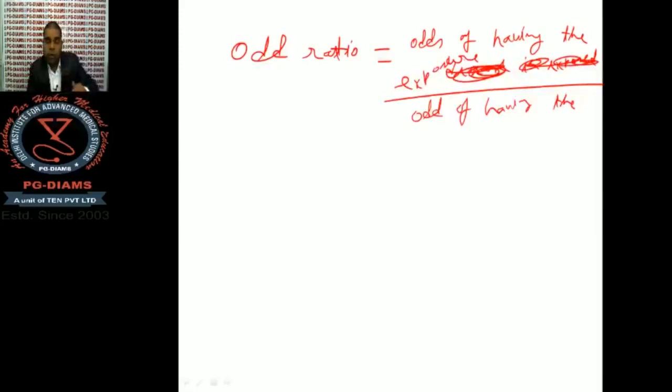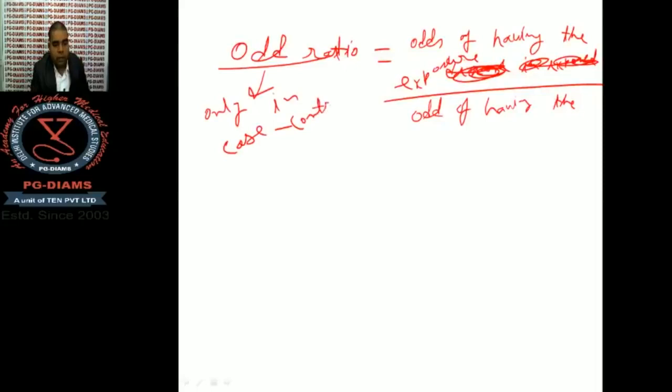You know, odds ratio is calculated only in case control study. In case control study, you already know which of the following have already developed the disease, and you try to find out whether exposure was present or not present.